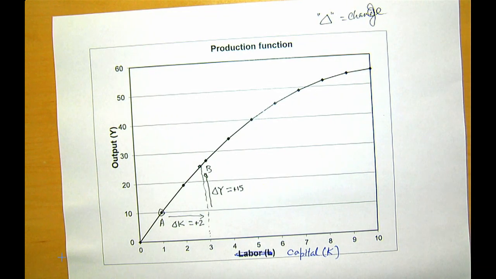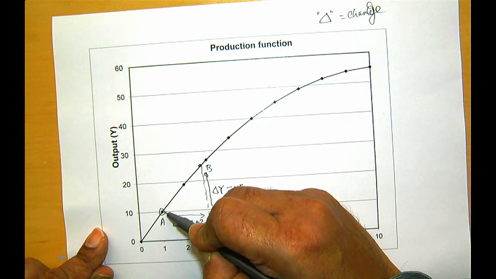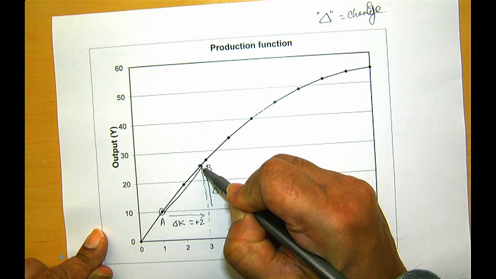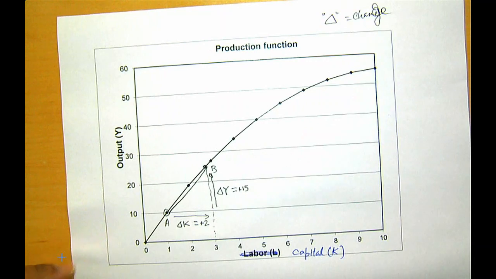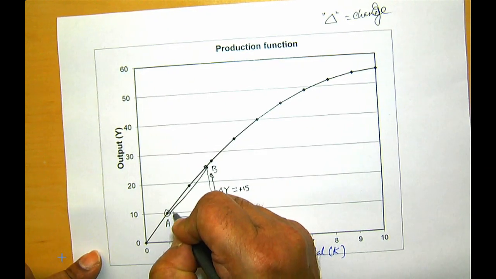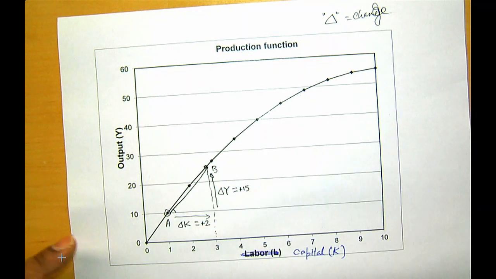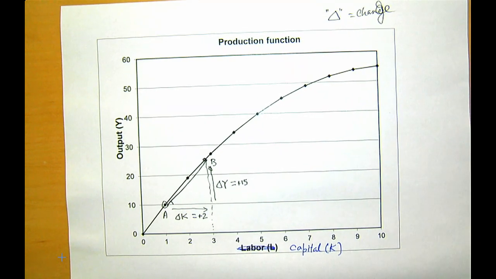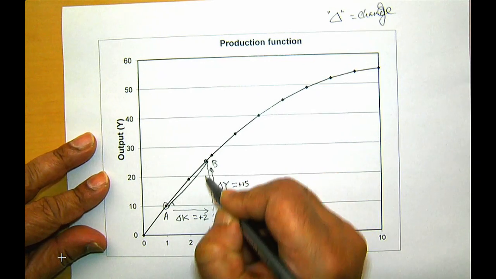Now if I join these 2 points, A and B, this should be a straight line. It will make a slope, right? And that slope is typically measured by this angle. In high school geometry, you must have learned that this angle is proportional to the ratio of these 2 numbers, rise over run. And we call that slope.